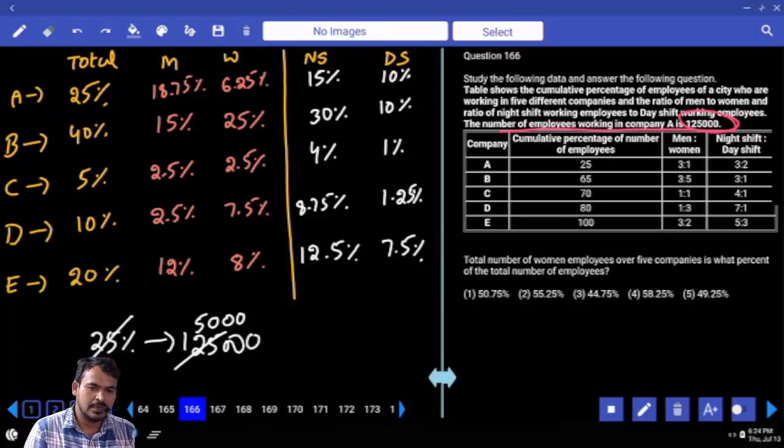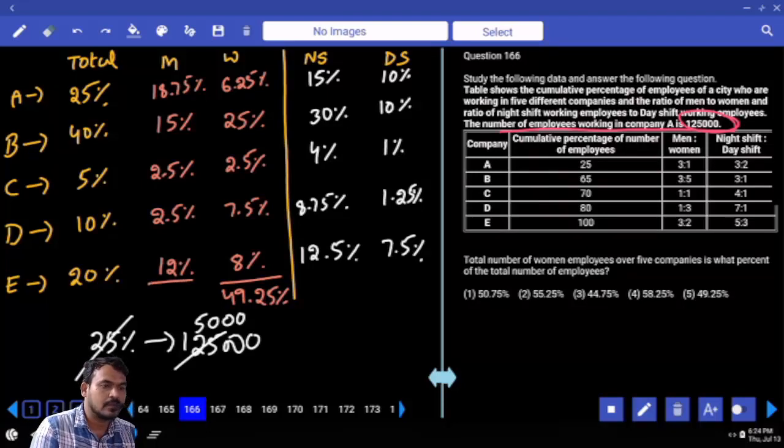100%. In that, we get the men value and the women value. What is the women total value? Women total value: 6 plus 25 is 31, plus 10 is 41, plus 9 is 49, which means 49.25%. Women is 49.25. Obviously men will be 50.75%.